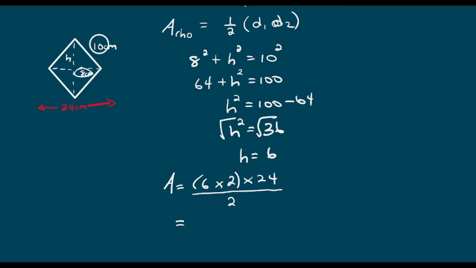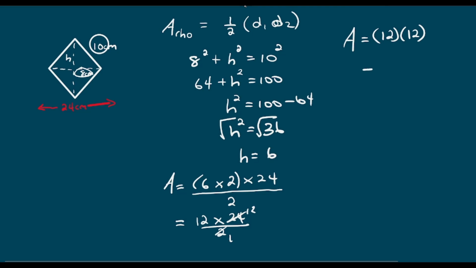So that will be equal to 12 times 24 divided by 2. 24 can be divided by 2 twelve times. And so our final answer would be 12 times 12, or 144 centimeters squared.